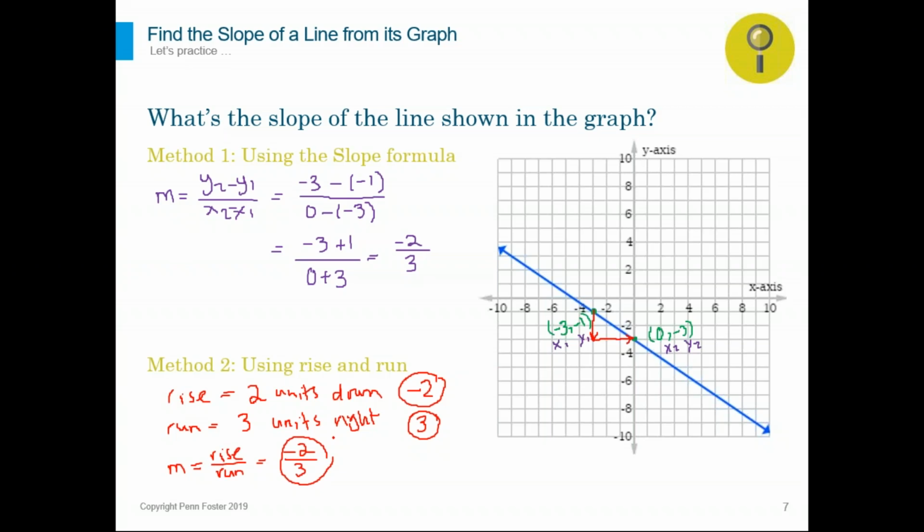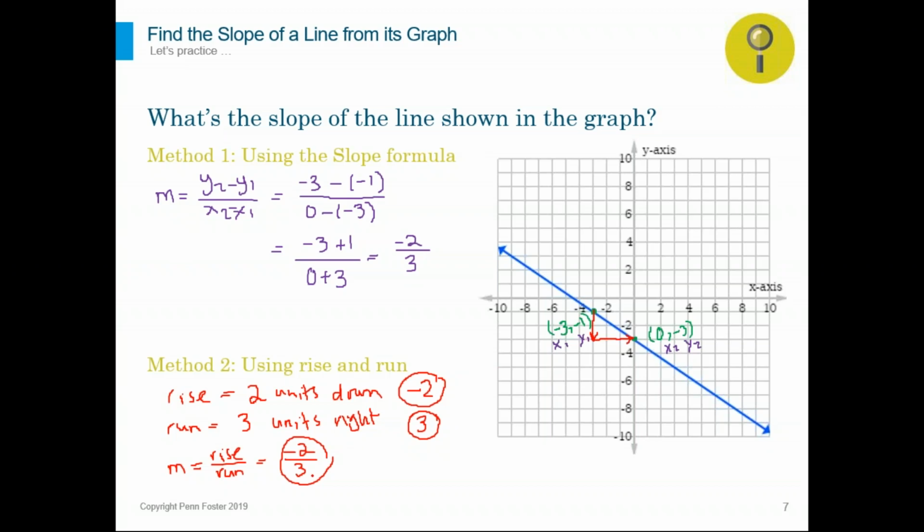To make it more clear, regarding the rise, if you go up, your number will be positive. If you go down, like our case here, it has to be a negative rise. With the horizontal units or the run, if you go to the right, like we did with the 3 here, it's positive. If you happen to go to the left, then it has to be a negative run.